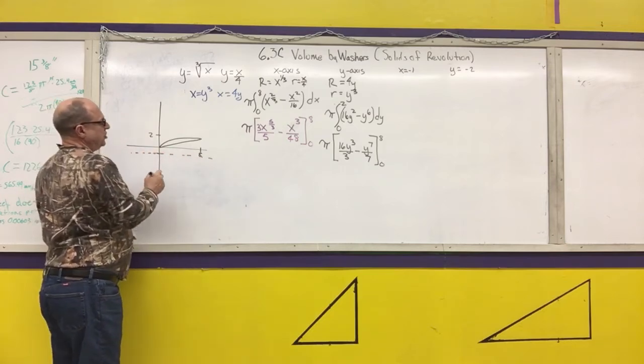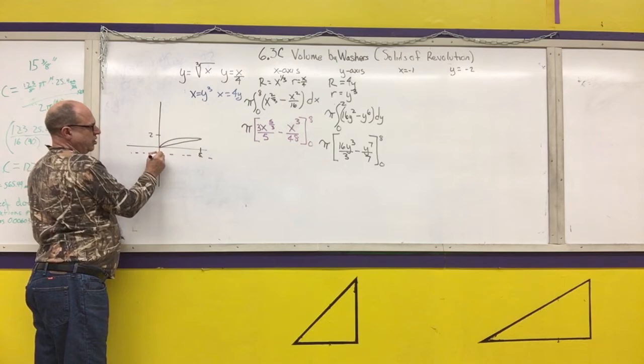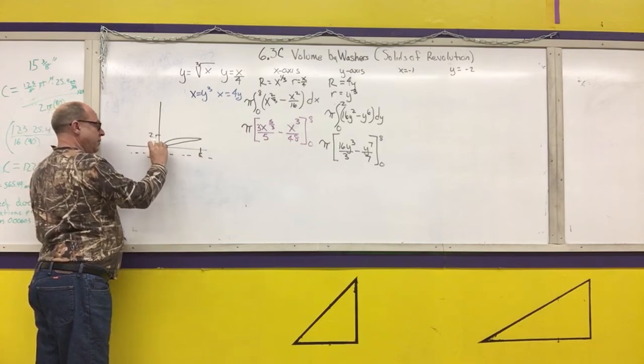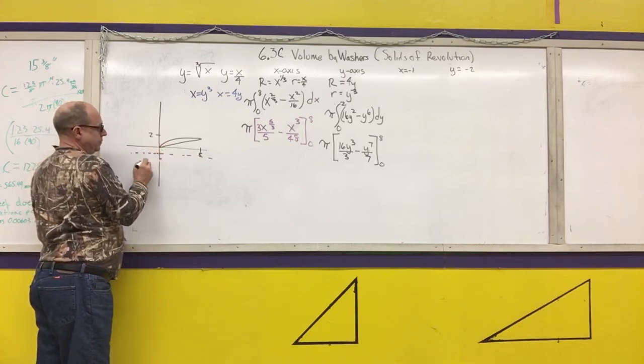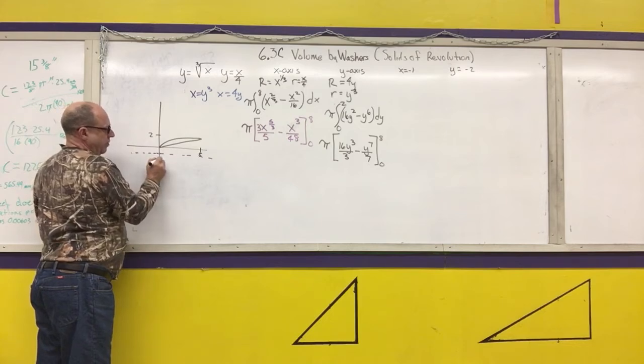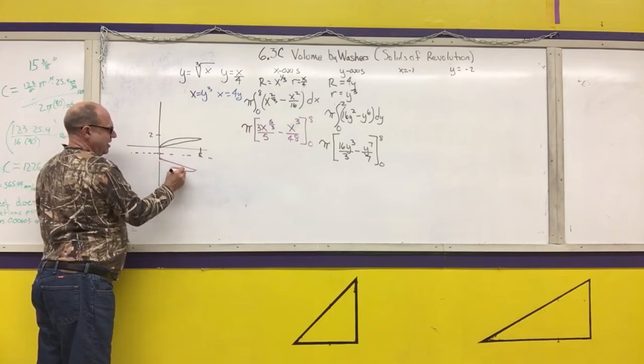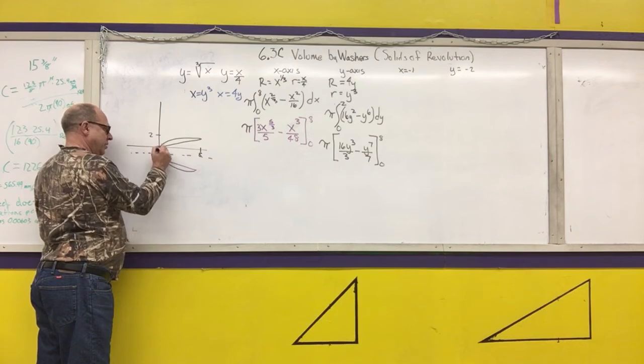So where students make the issue is when they do the revolution, a lot of students will start here at the -1. No, I need to skip an entire 1 between there and there. So I'm now going to get that region when I rotate it.